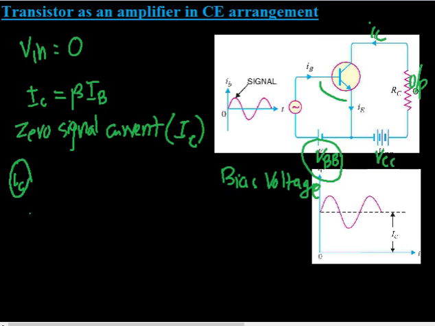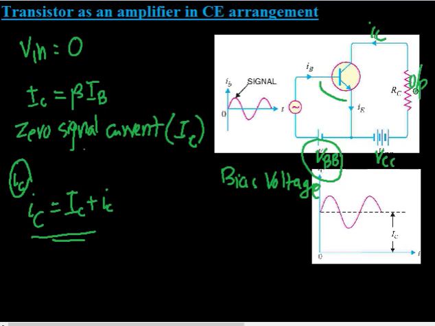So the total collector current flowing through the collector circuit will be iC equal to the sum of the zero signal collector current plus the collector current due to the signal alone. So this expression represents the total collector current in a circuit when the signal is applied.